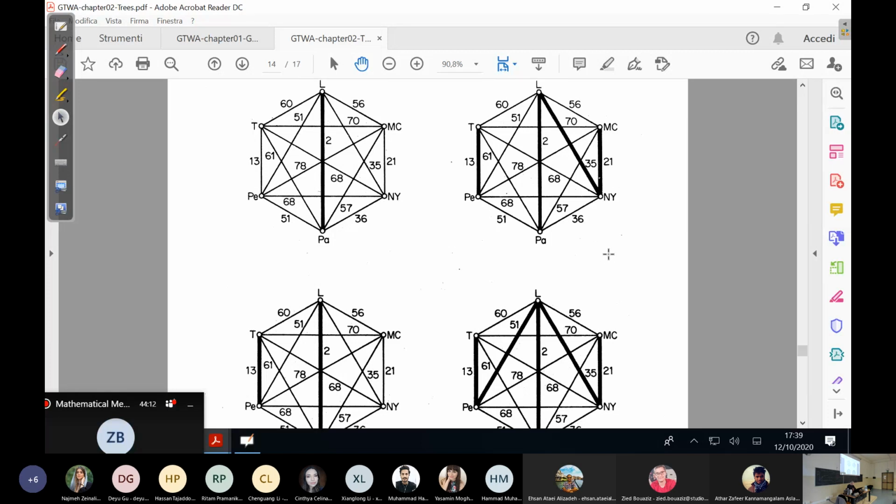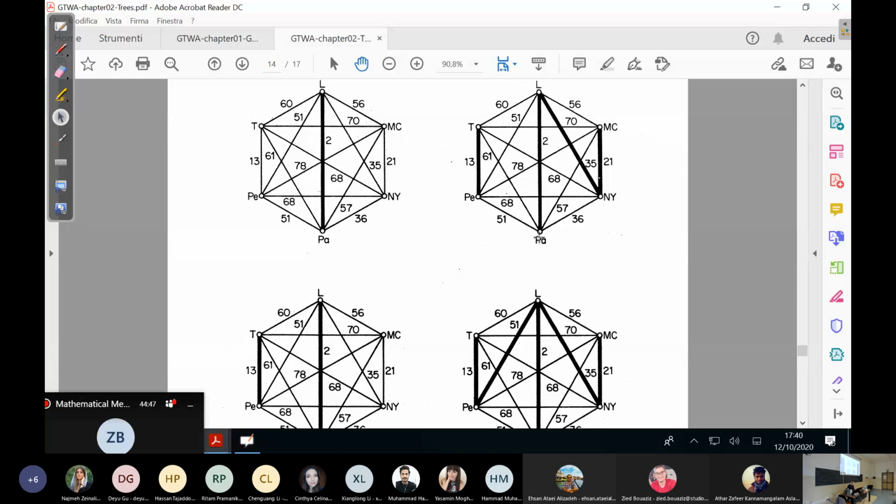And the next smallest would be 36, okay? But if we add 36, we close a cycle. And why shouldn't we do it? Because if we close a cycle, it means that we have two different ways of reaching Paris from London, and this is a stupid thing since we already have one, okay? Or reaching New York from Paris.